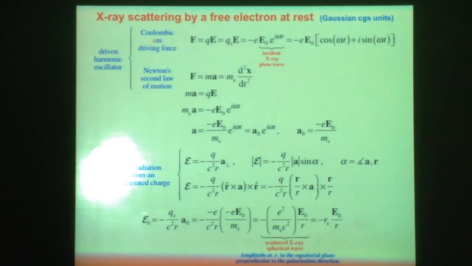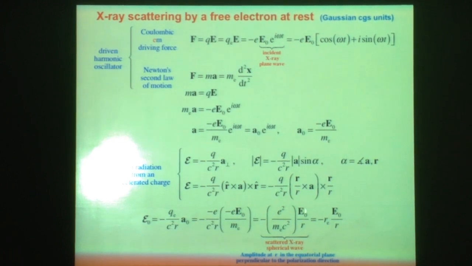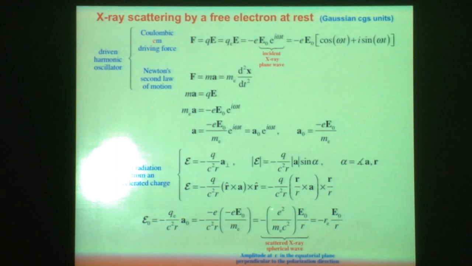So the scattered wave has amplitude given by this, just falling out of these equations, making the appropriate substitution, and then simplifying a bit, we get e squared over mc squared times the electric field amplitude divided by the distance at which we're observing the field. Okay?